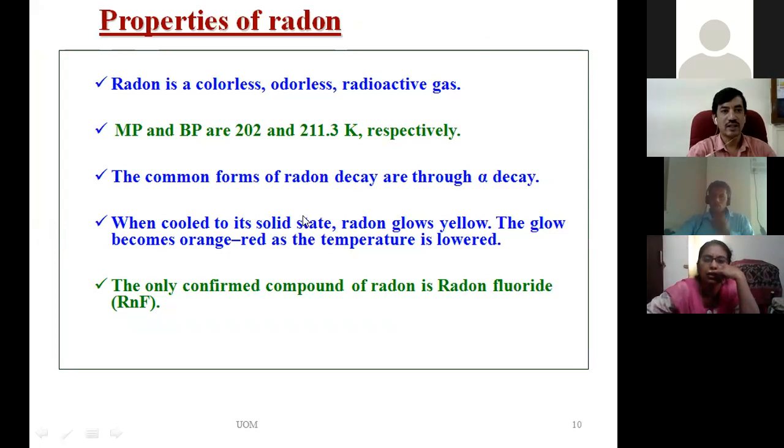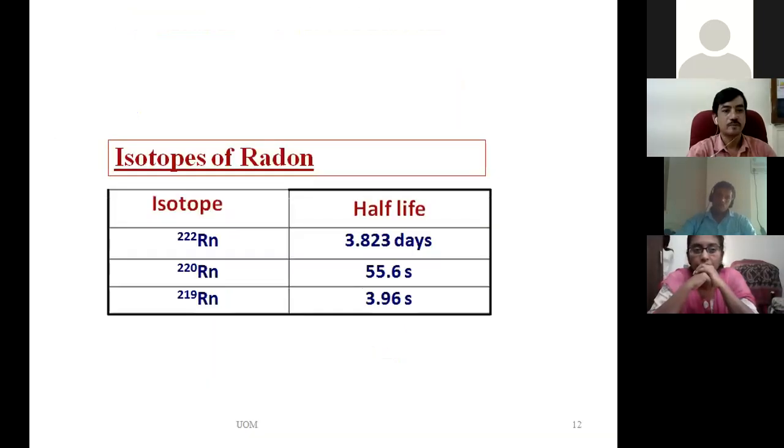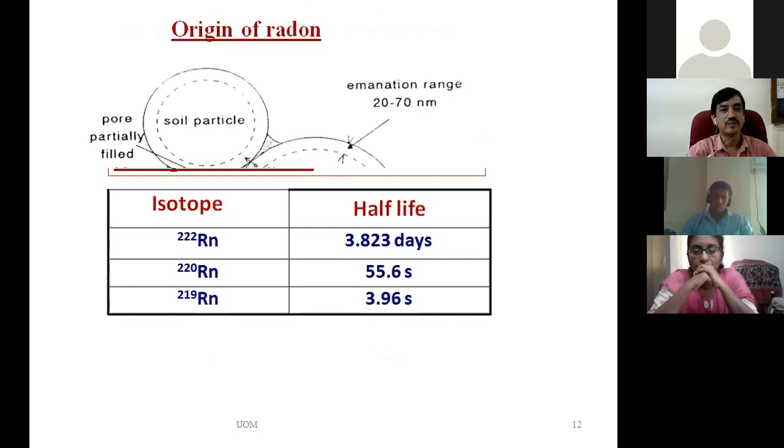These properties help us in the detection of radon gas. There are three isotopes, as I showed in the decay schemes: radon 222, radon 220, and radon 219. Their half-lives are also shown in this table.